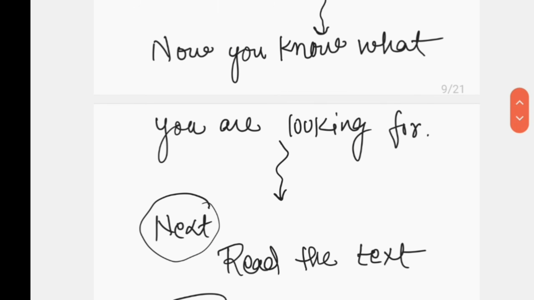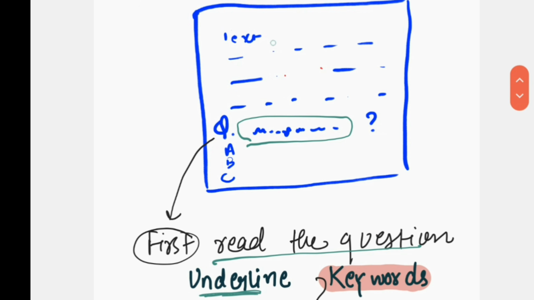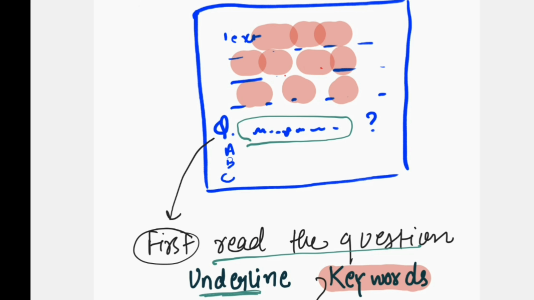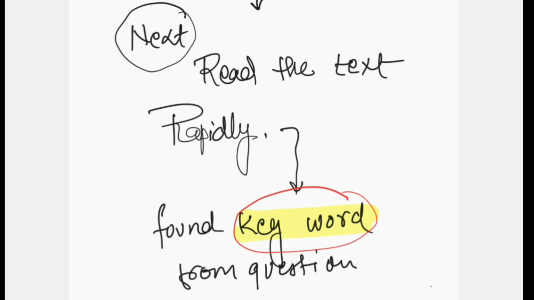Now, you will go and read the text, but you will do it very, very quickly, just skimming, that's moving your eyes quickly through the text. What you will look for in this text are those 2 keywords that you kept in your mind from the question. So you will look for drugs and asthma.